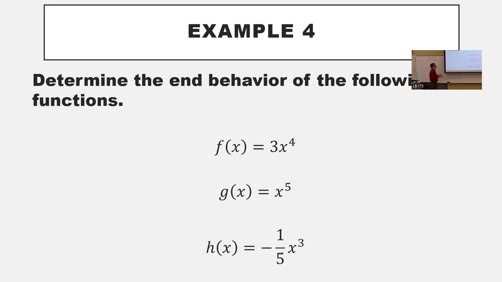But let's look at these three examples. We have an f, a g, and an h of x. f of x is equal to 3x to the fourth. g of x is equal to x to the fifth. h of x is equal to negative 1/5 times x to the third.